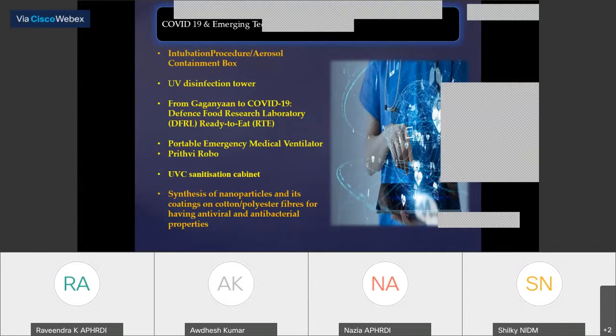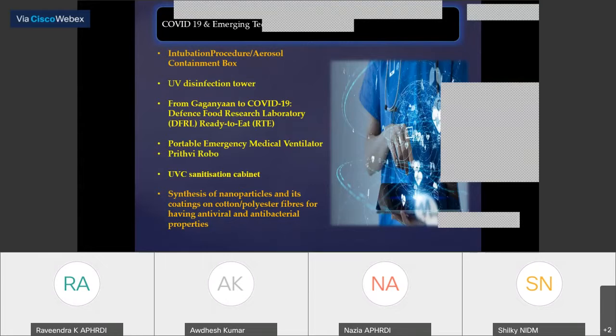If a person suffering from COVID-19 is being treated, then after his recovery, when he is going to leave the room, you can disinfect it. This UV disinfection tower is very beneficial. You can put the tower in the middle of the room, and it will sanitize the room within a few minutes.